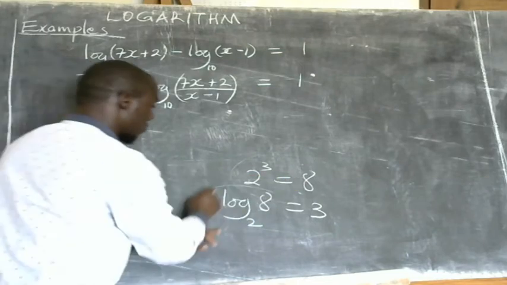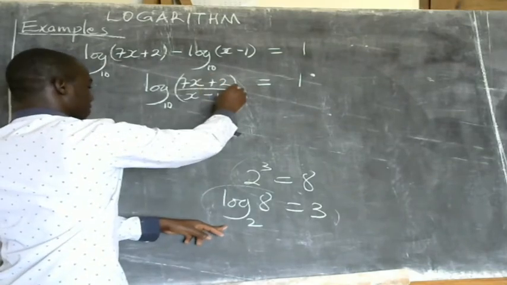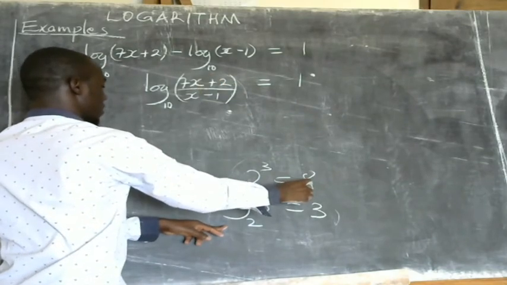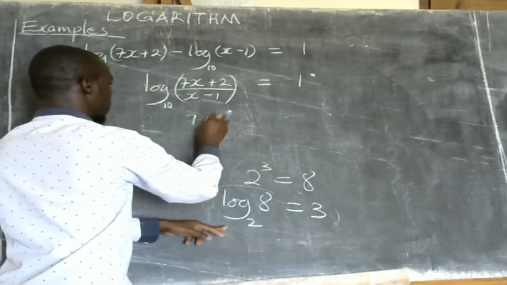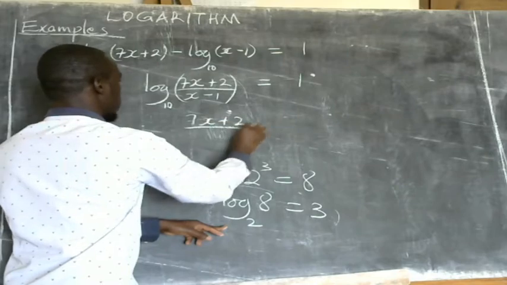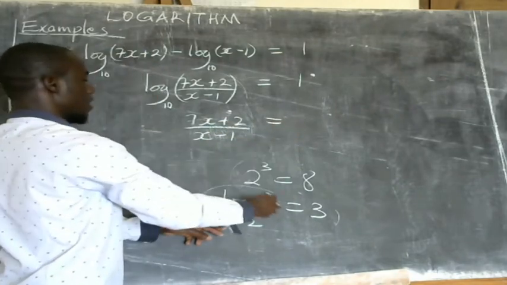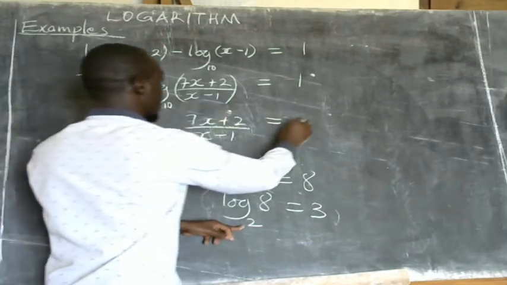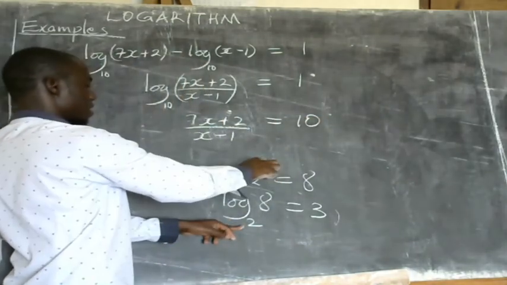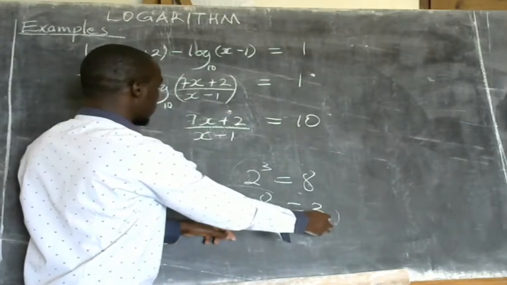So this is what we have there. The 8 is the whole of that. So when I try to write it, this is going to be 7x plus 2 divided by x minus 1 is equal to, the 2 here is the base, so the base here is 10. Then the 3 here is the log of this number.